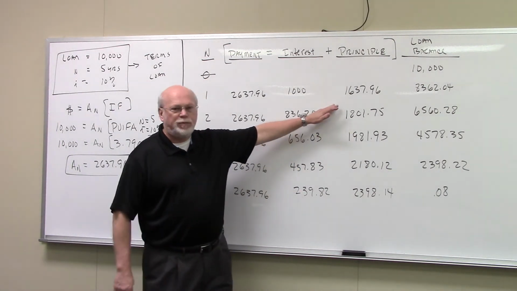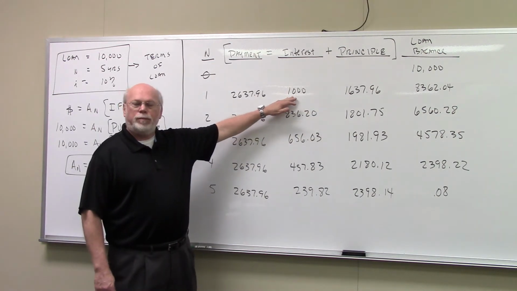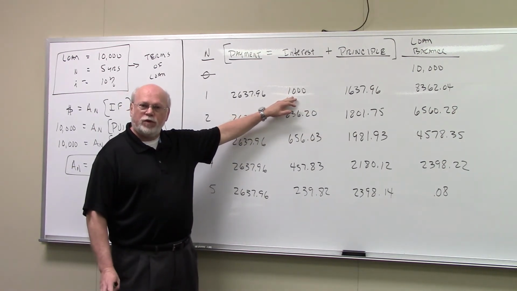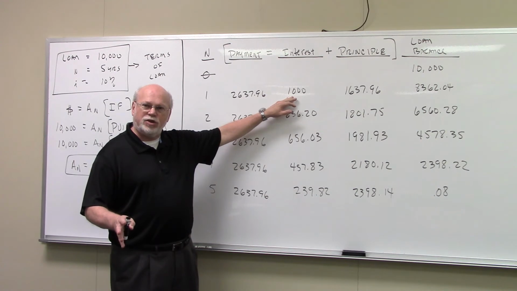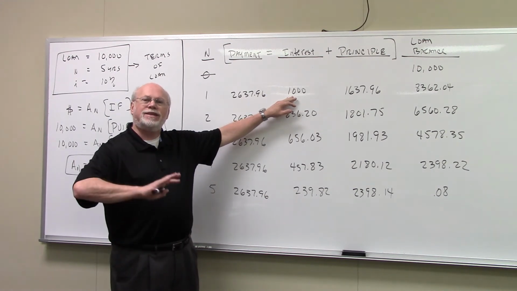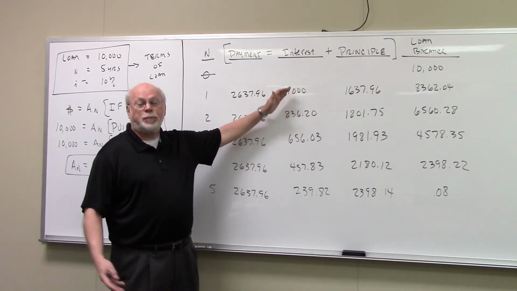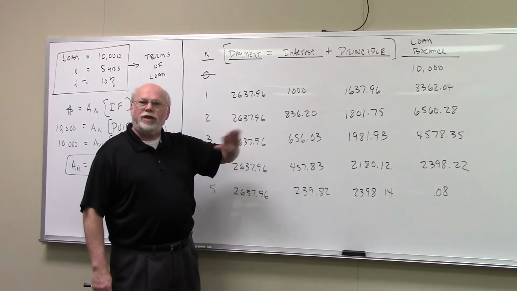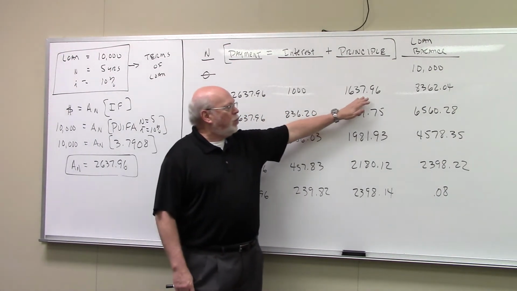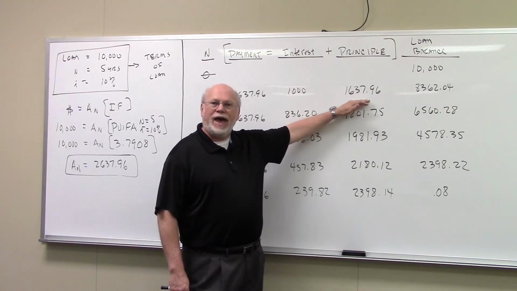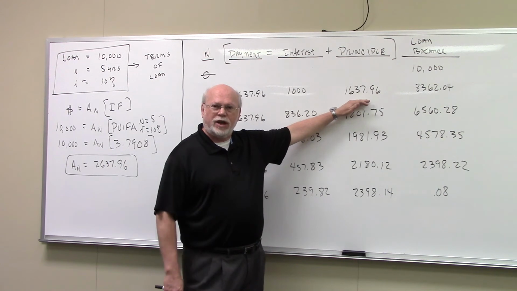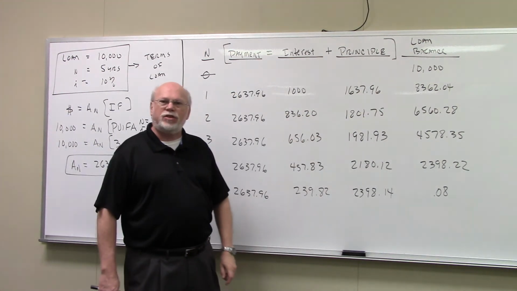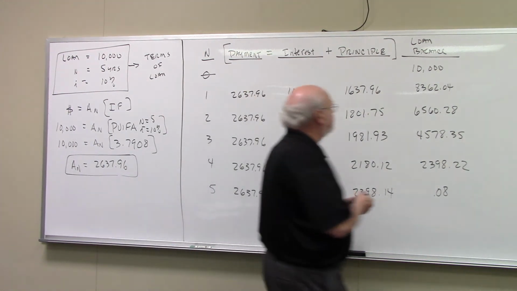So at this point, we know how much is interest and we know how much is principal. And after the first payment, we've paid the bank for the use of their money for a year. We used $10,000 of their money for a year. 10% of that's $1,000. That's indeed how much we pay them to use their money for a year. With that first payment, we've paid back $1,637.96 of that original $10,000 loan.